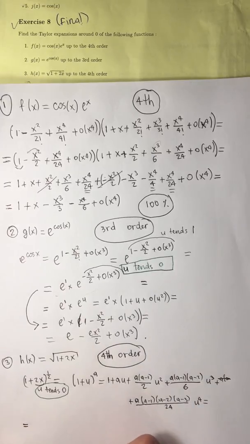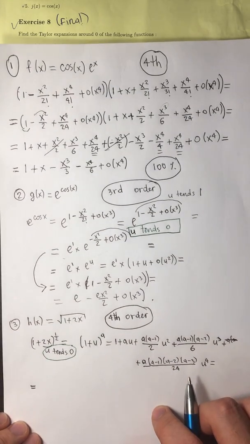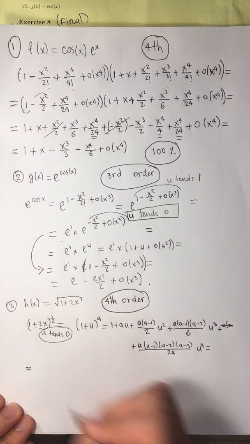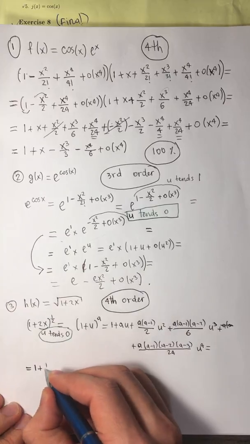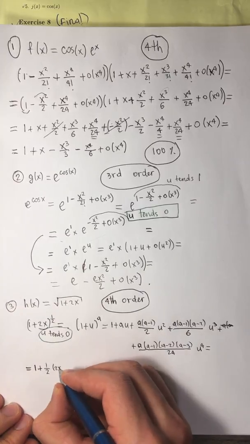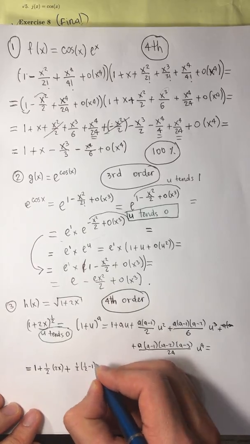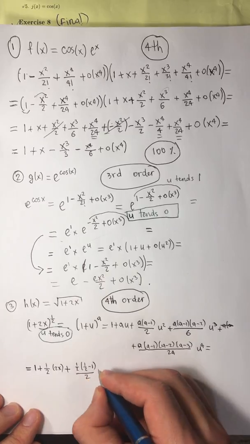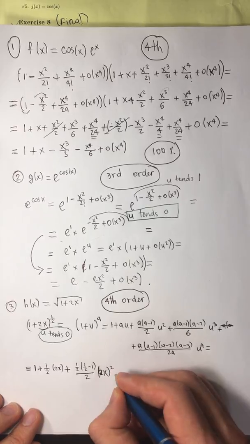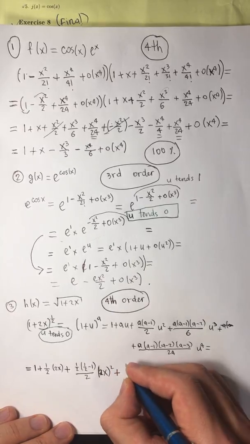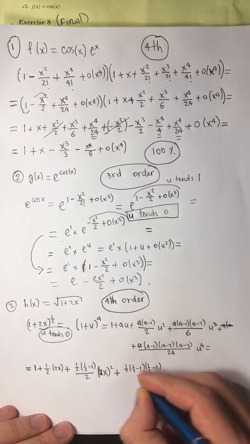And then I'm going to insert back u, which is equal to 2x. Okay, now you can see. 1 plus, what is a? 1 over 2 times 2x, plus a is 1 over 2, minus 1, divided by 2, u is already 2x, right? 2x squared, and plus 1 over 2, times 1 over 2 minus 1, times 1 over 2 minus 2.